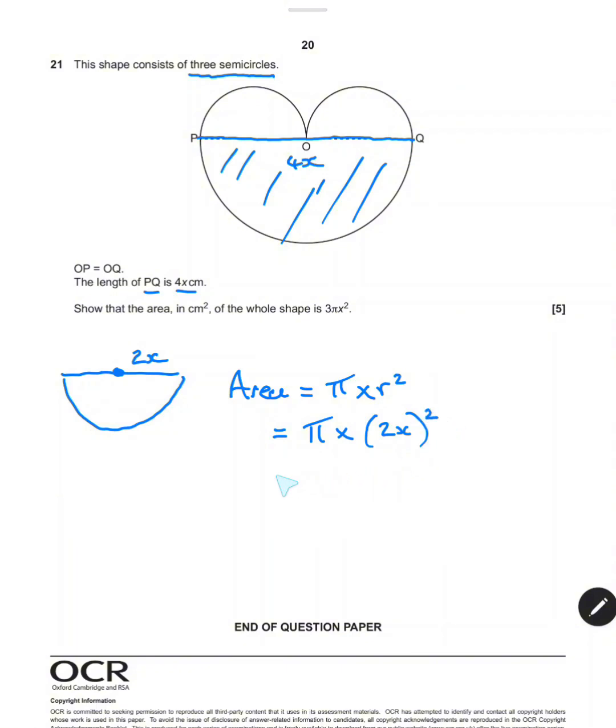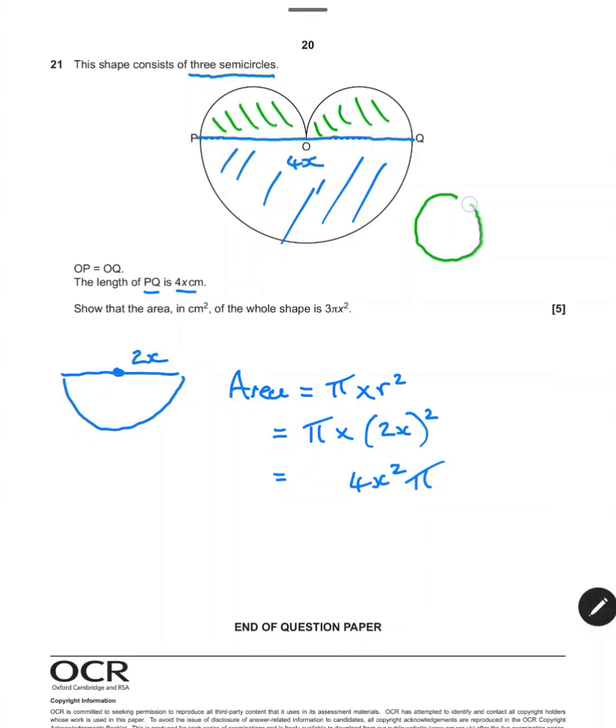Don't forget to square that. And 2x squared is 4x squared. I'm going to times that by pi. 4x squared pi.